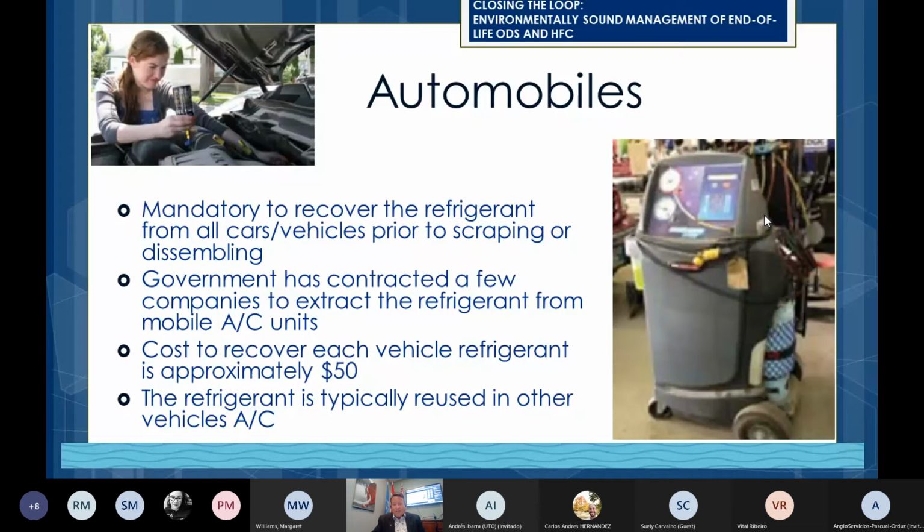The cost for incineration of refrigerants has typically been about $12 per kilogram, and that can fluctuate, of course, in our crazy market that we have now. But it's costly, and fortunately, it's being done and carried out. Next slide, please.